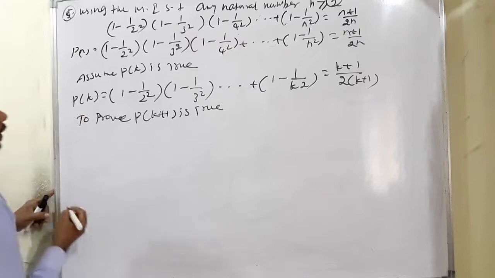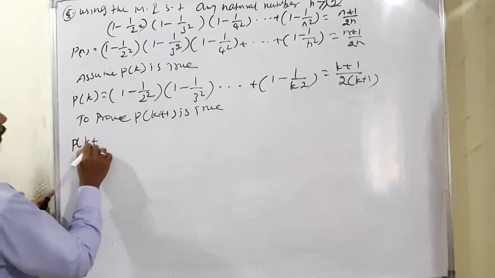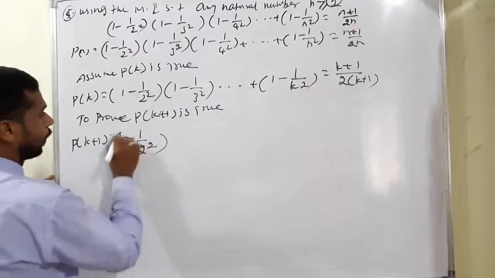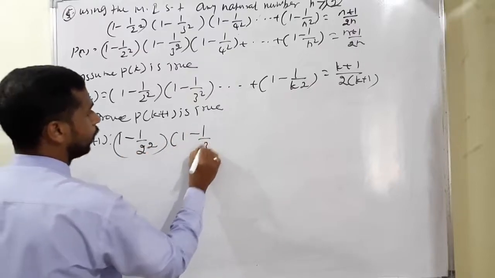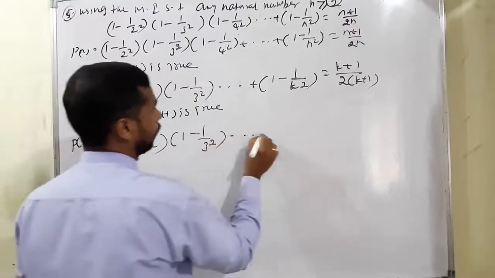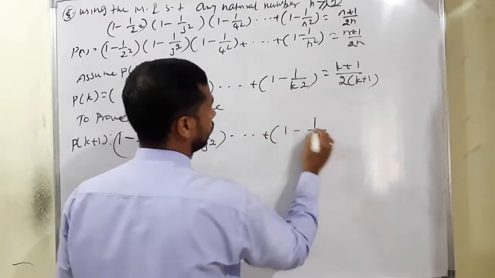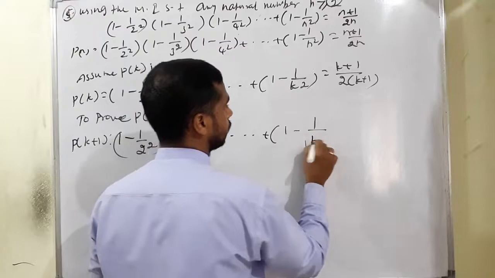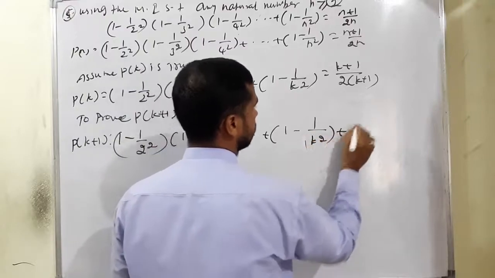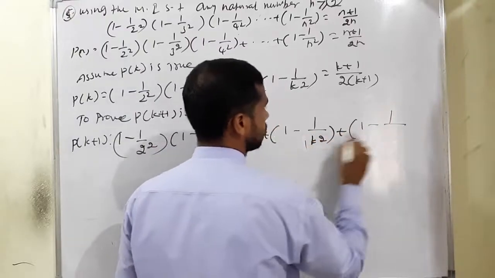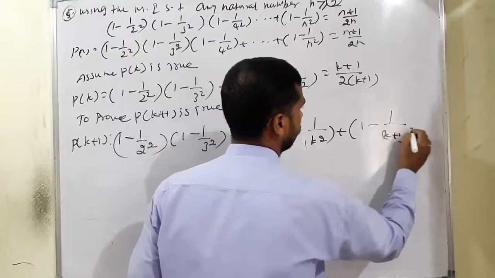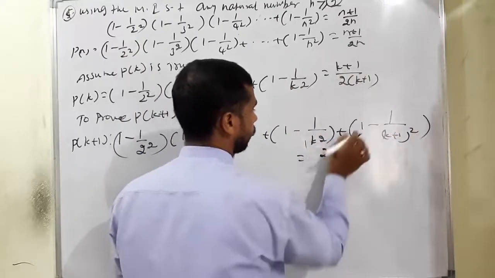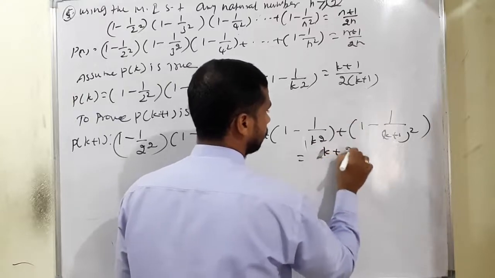So P of k plus 1 is true means (1 minus 1 by 2 square) into (1 minus 1 by 3 square) and so on. First we have to write it as it is: the term 1 minus 1 by k square, plus 1 minus 1 by, instead of k we write (k plus 1) the whole square, is equal to... there, k plus 1 is there, therefore we can write k plus 2.